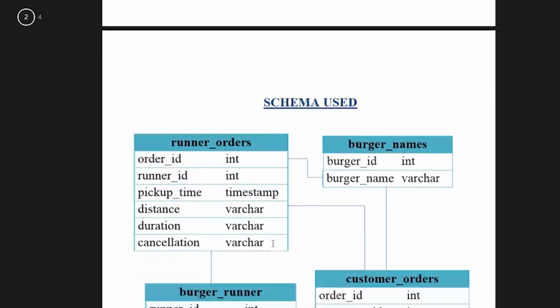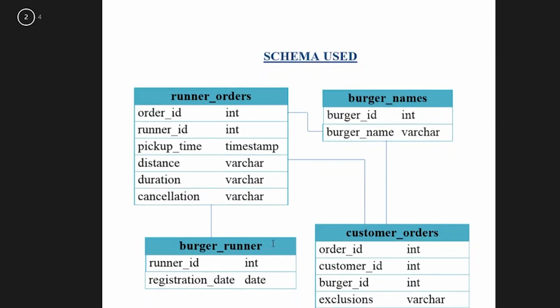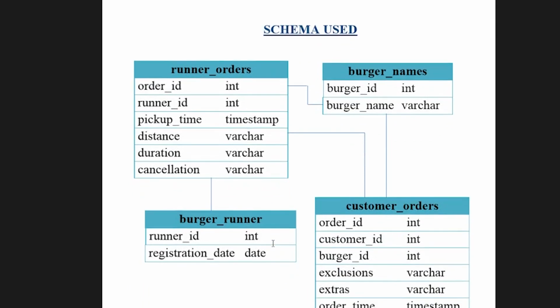So this is the schema that I used for my burger bash. I had 4 tables. First, I have burger names, wherein I have stored the burger ID and burger name. Next, I have the burger runner, wherein we have the runner ID and the registration date. Then we have the runner orders, which means the orders that the runners have accepted.